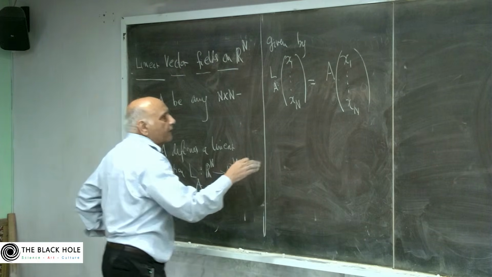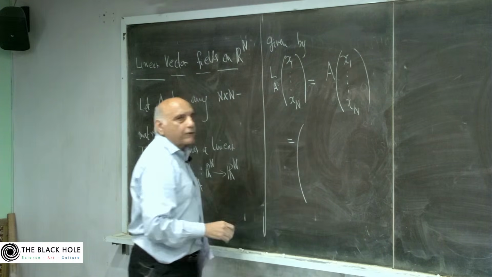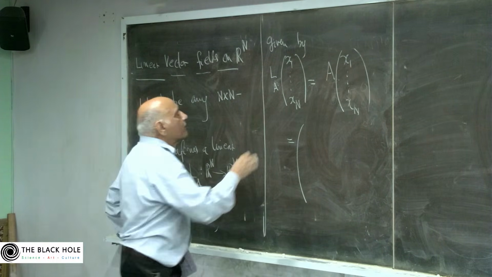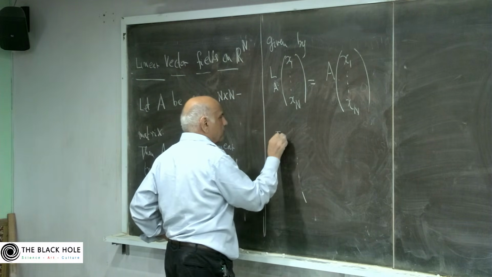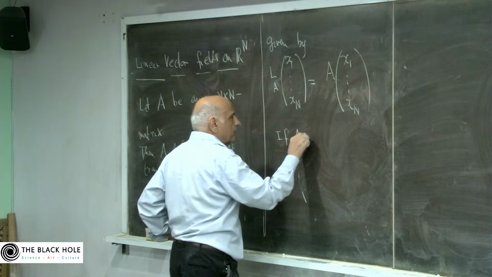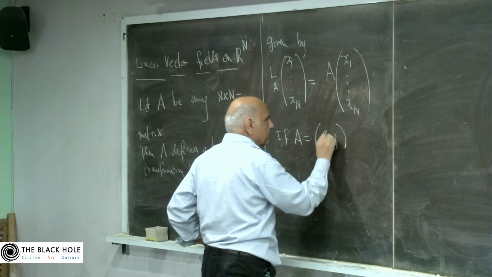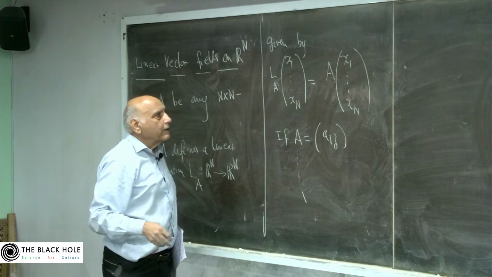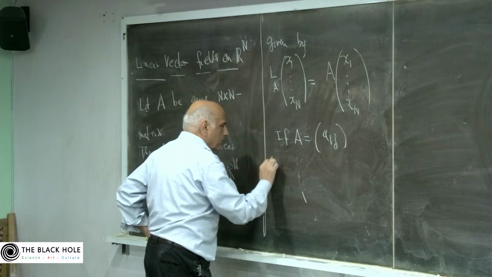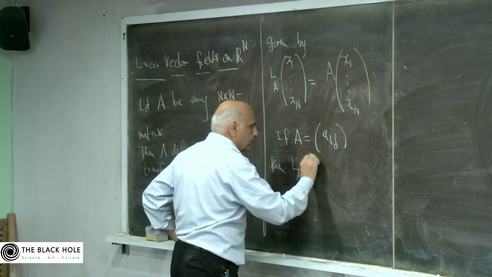So if A has components, ijth entry is a_ij, what are the components of this?